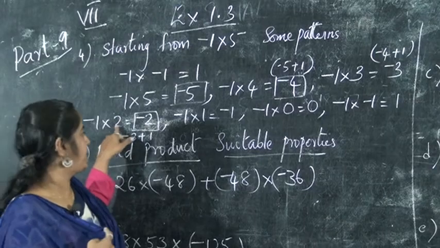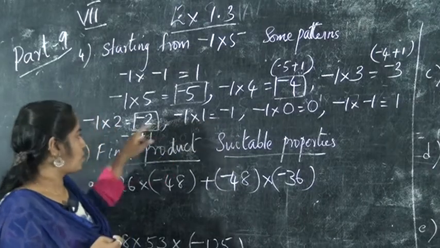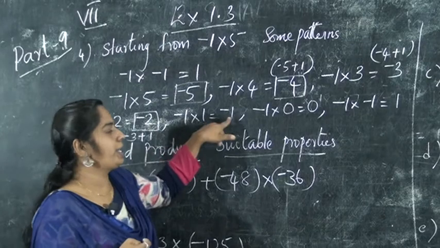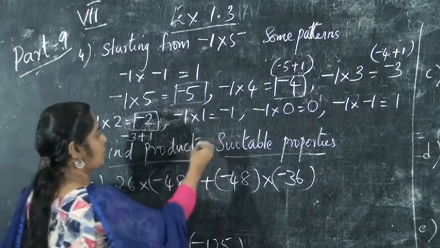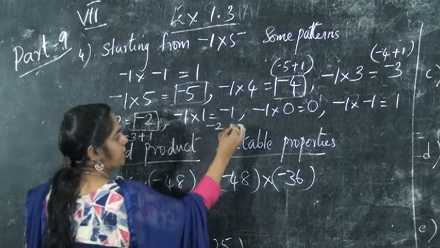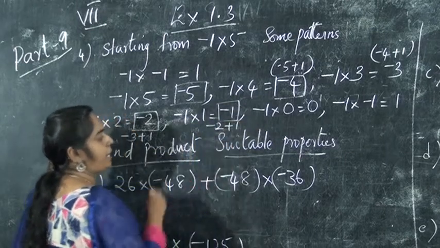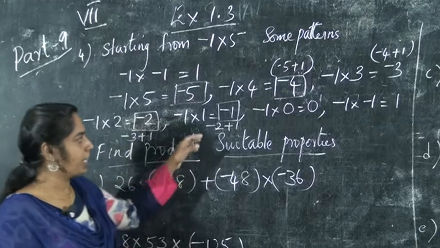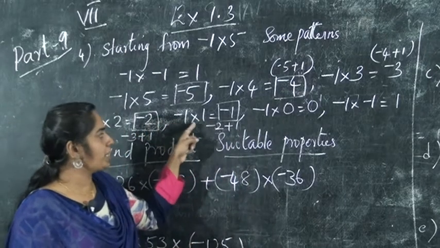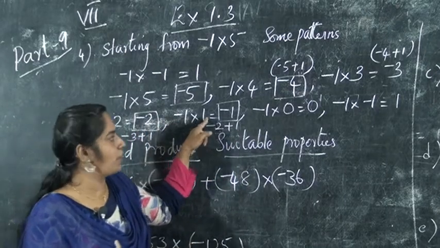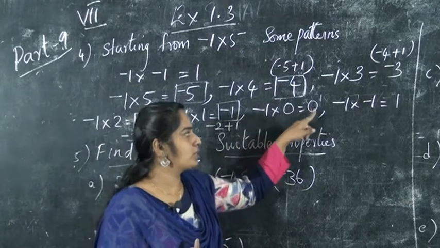Before 2 is 1. Here how does it become? -2 plus 1 is -1. Again, before 1 is 0. So -1 into 0 is 0.